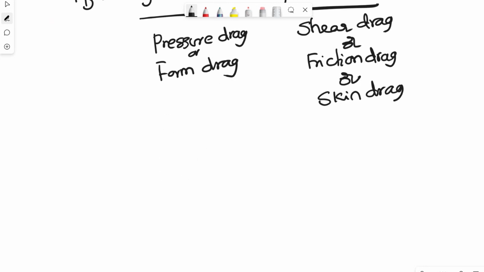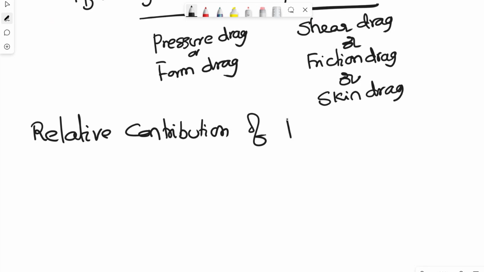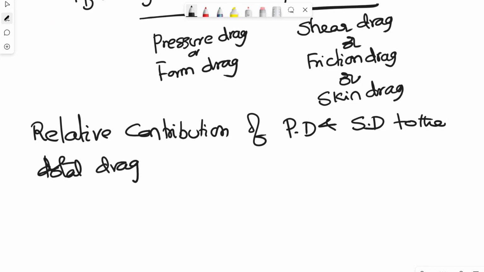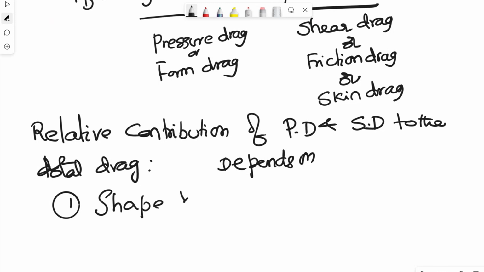So now let us see the relative contribution of pressure drag and shear drag to the total drag. It depends on three things. Number one, the shape of the immersed body.